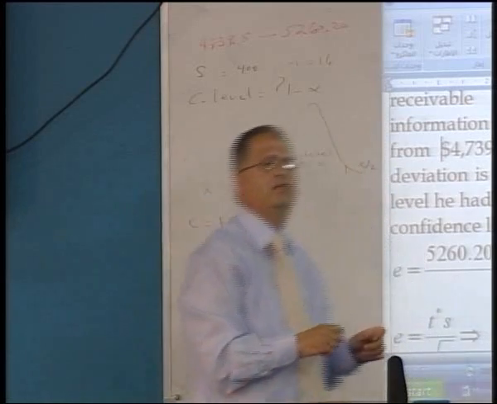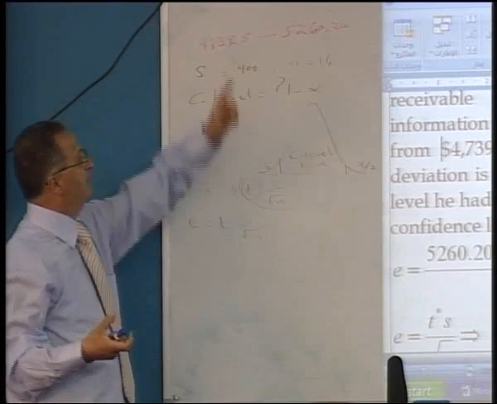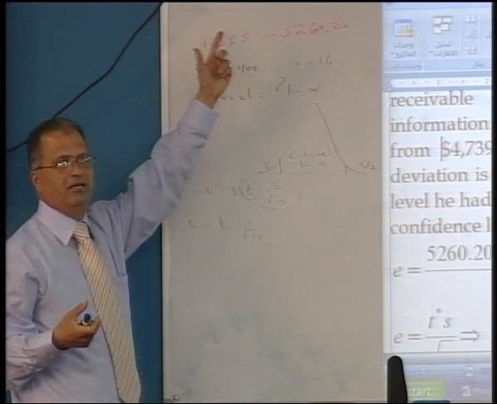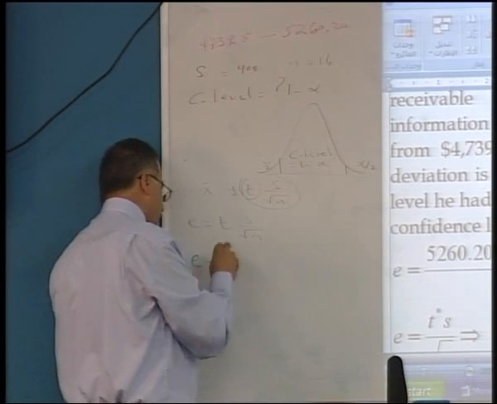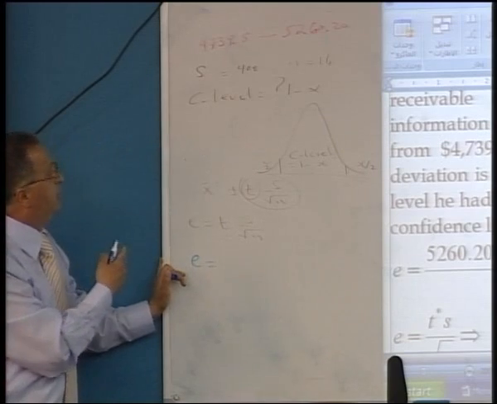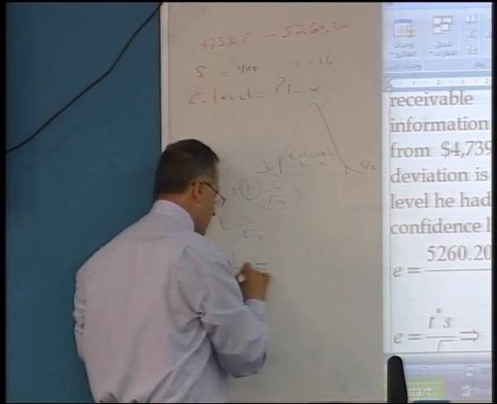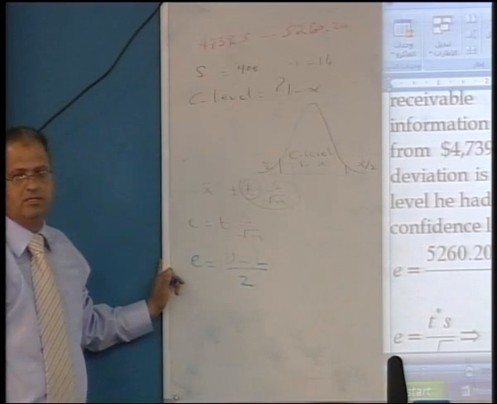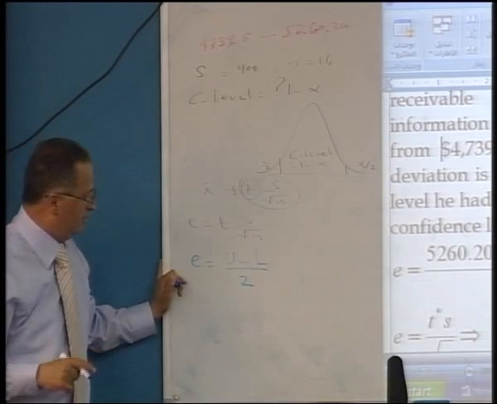So E equals t s over root n. Now, since the confidence interval is given, we know from previous chapters that the margin equals the difference between upper and lower divided by 2. So half the distance between lower and upper gives the margin of error.